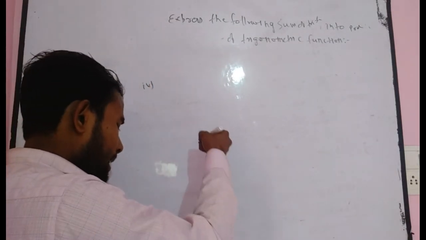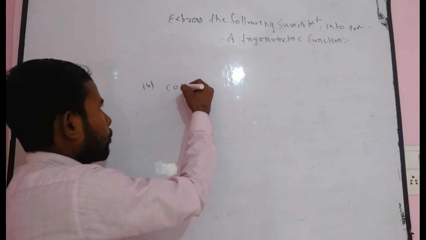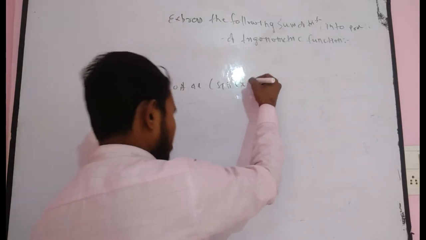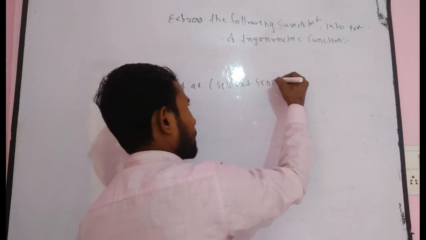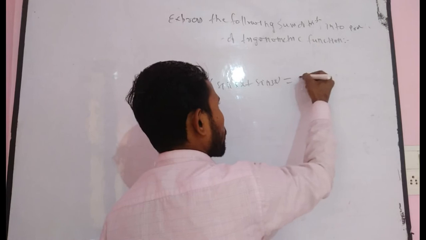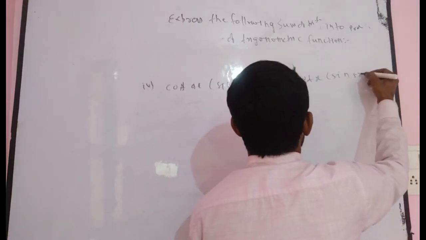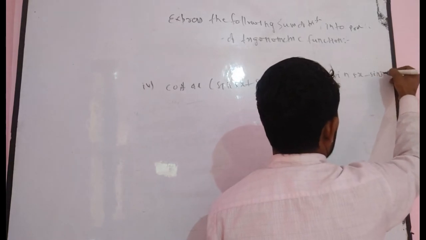In this problem, it says you have to prove that cot 4x into sin 5x plus sin 3x is equal to cot x into sin 5x minus sin 3x.